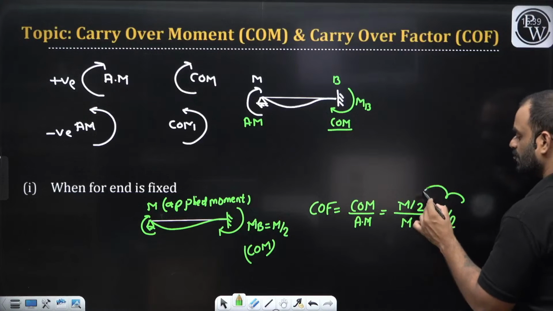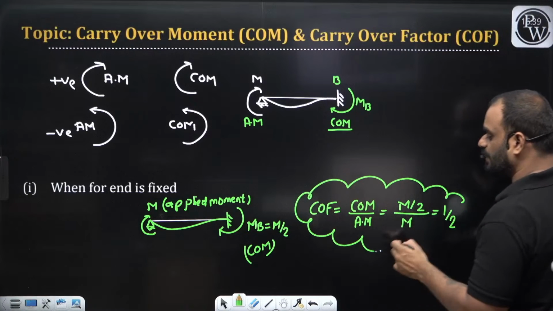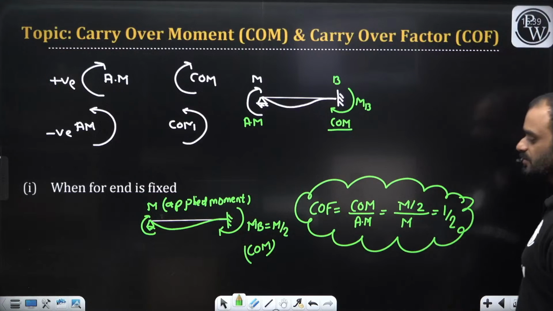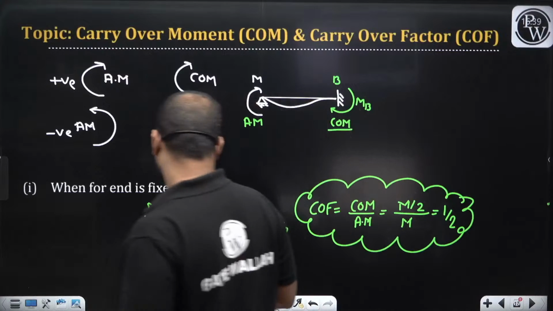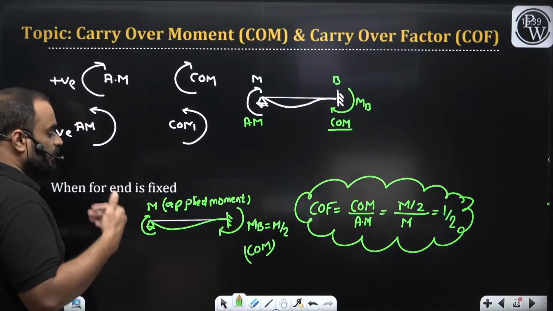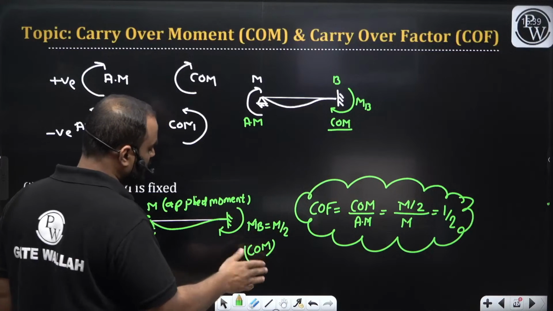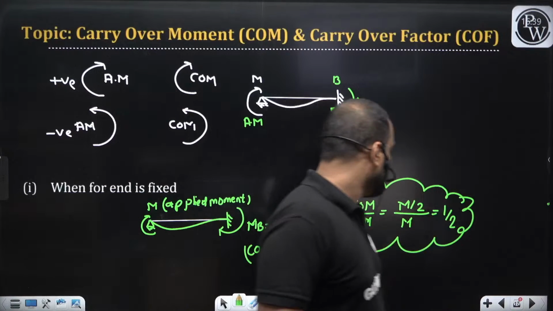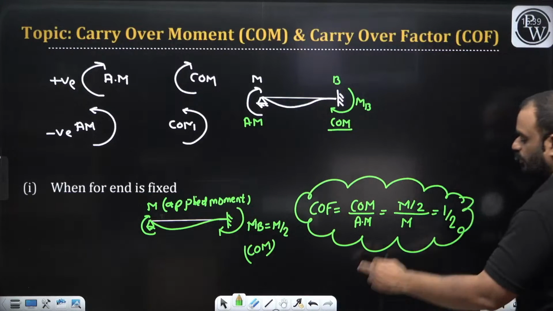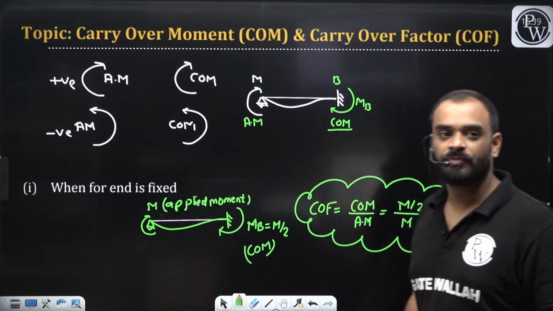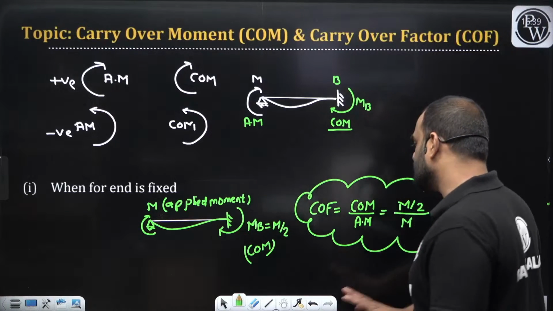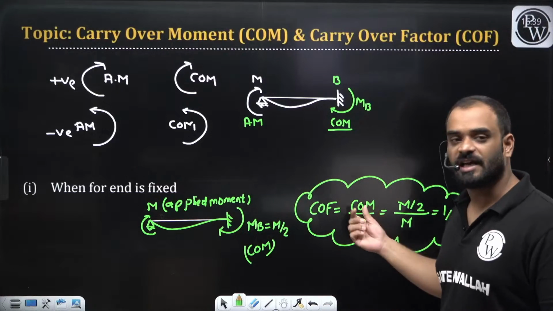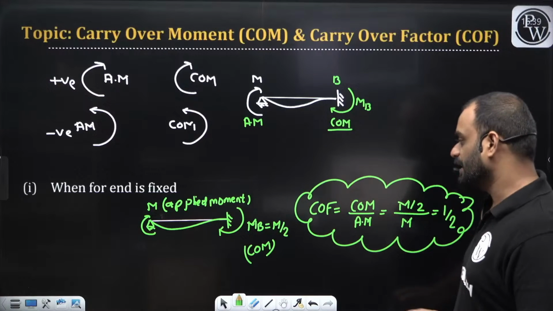That means the moment developed at the far end is exactly half of the applied moment. That's why we are getting a ratio of carryover moment upon applied moment equal to 1 by 2. Please remember this point, carryover factor is carryover moment divided by applied moment.